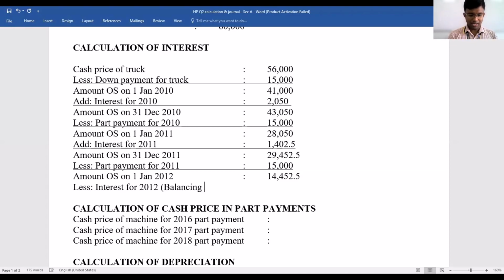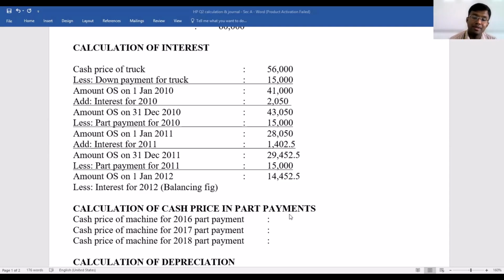Now, why are we taking the balancing figure here? If you were to calculate the actual interest at 5% on top of the outstanding amount, you would notice that the interest would work out to be 722.625. When you add that to 14,452, you would notice that the total outstanding amount will work out to be 15,175.